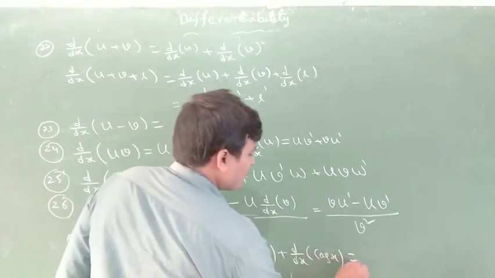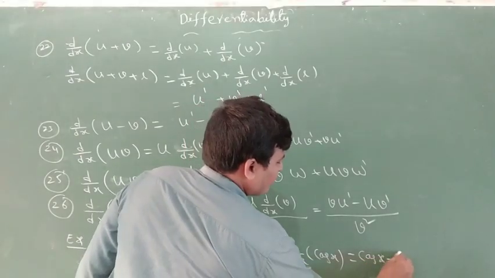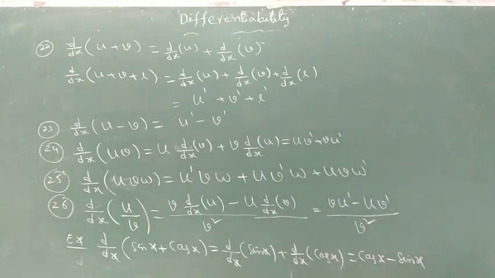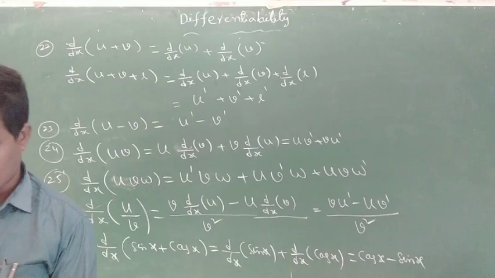Derivative of sin x is cos x. Derivative of cos x is minus sin x. This is the procedure. Look at this, observe.